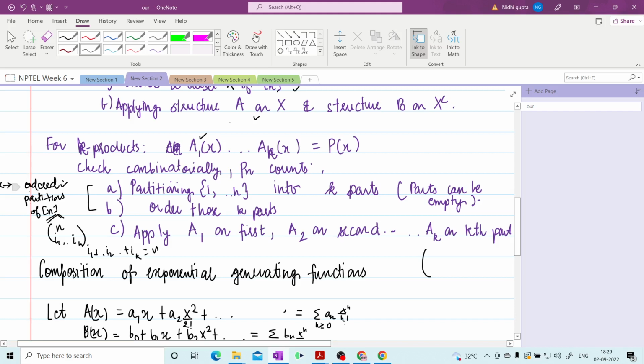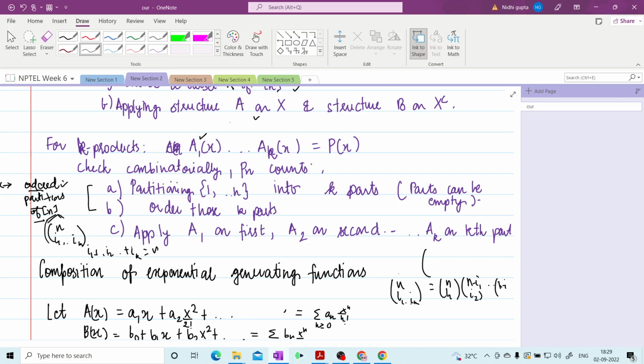So choosing ordered partitions of n is in a way the same as choosing first a subset. The multinomial n choose i1, ..., ik, when you open it up, looks like n choose i1, then n minus i1 choose i2, and so on.